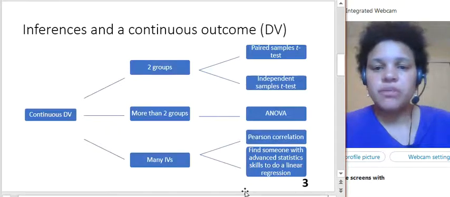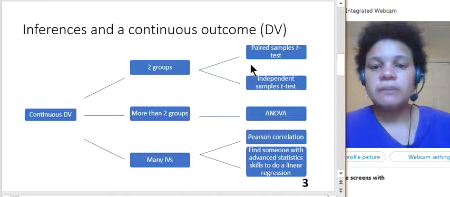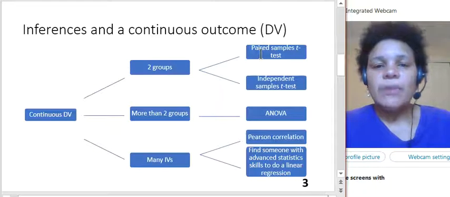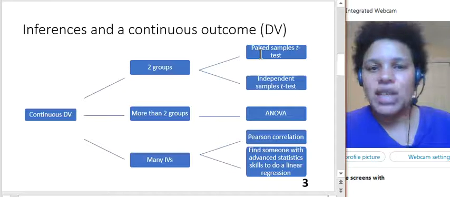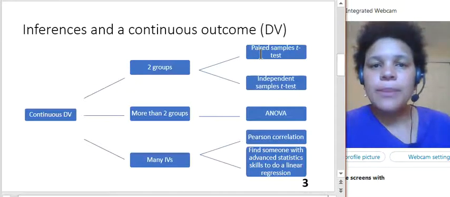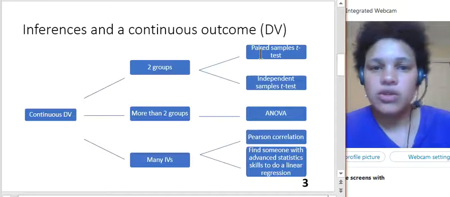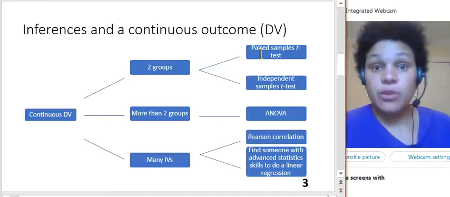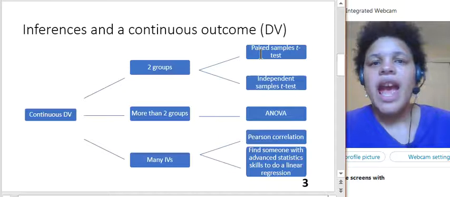So when we've been talking about samples, we've been talking about groups of people, but that's not entirely accurate. Samples are actually samples of scores, or samples of values of a particular variable.